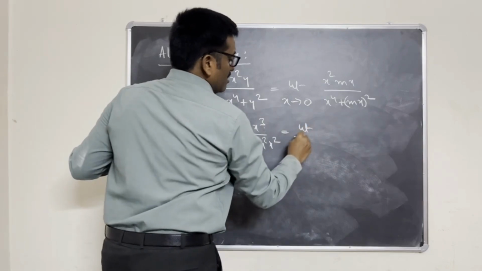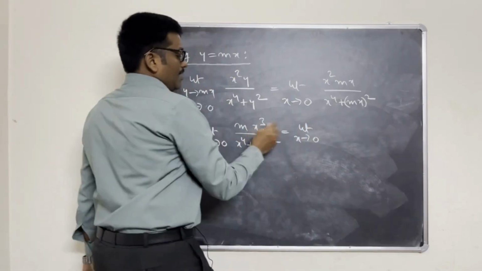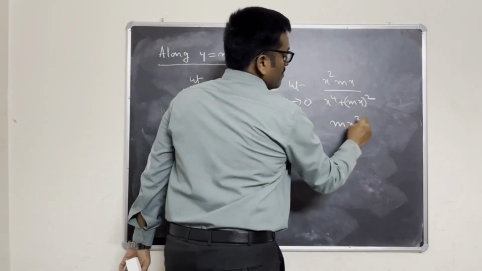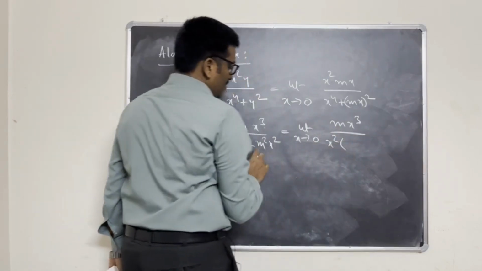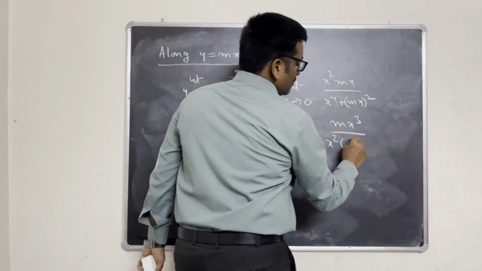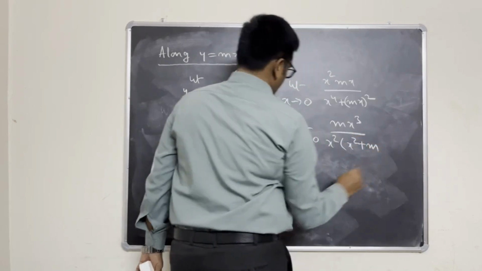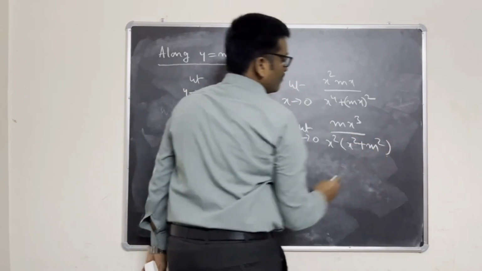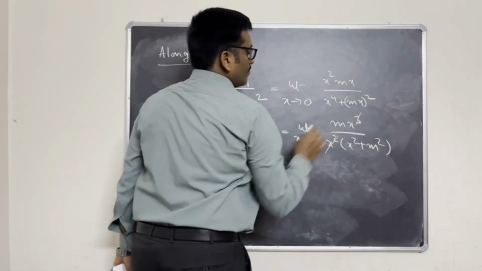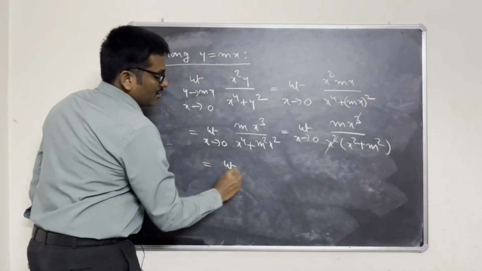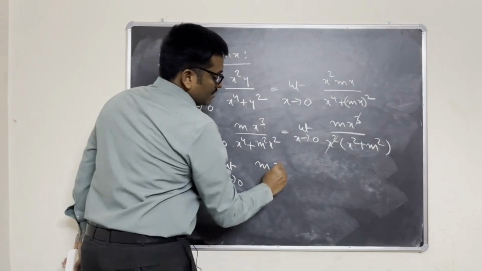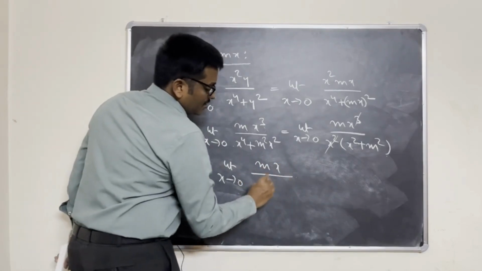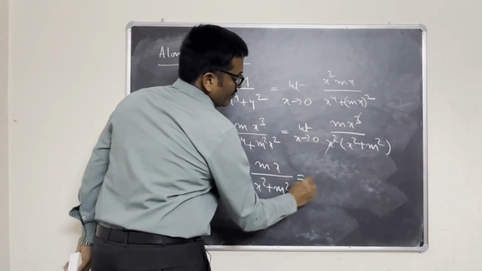Limit x tends to 0, m x cube by x square. If we take common in the denominator, we get x square plus m square. Limit x tends to 0, mx by x square plus m square.